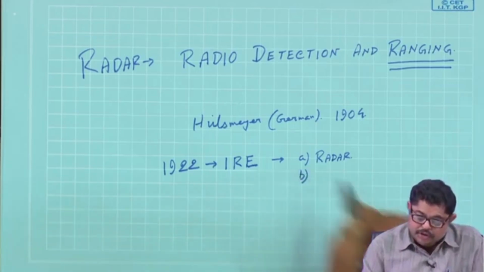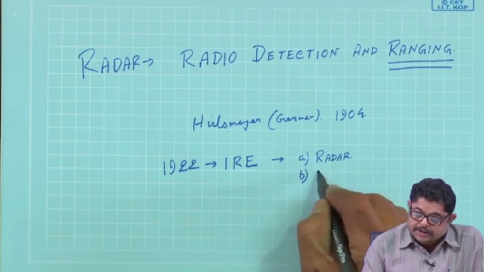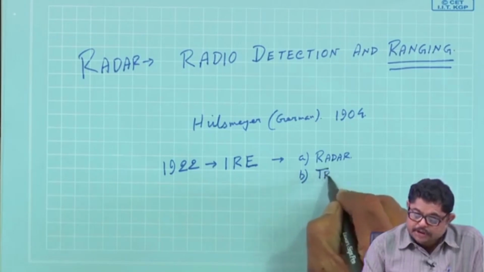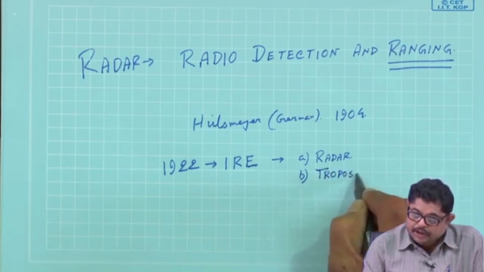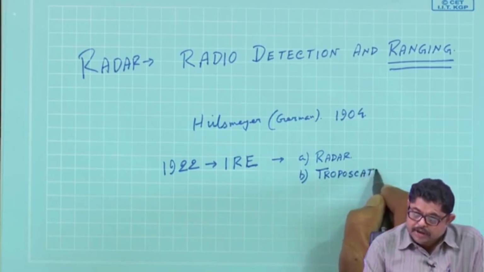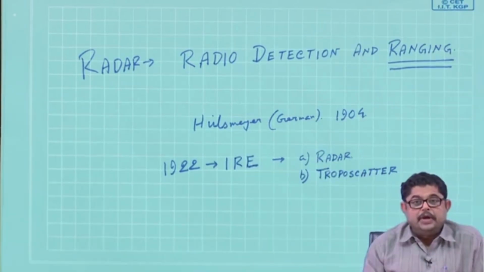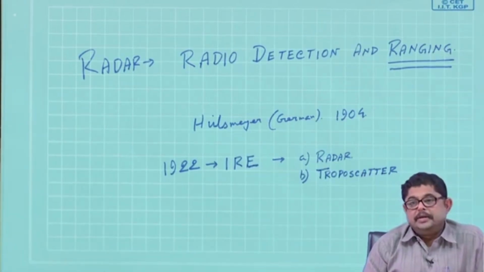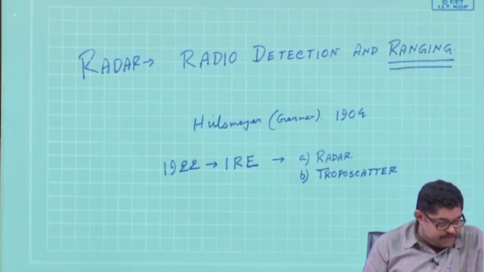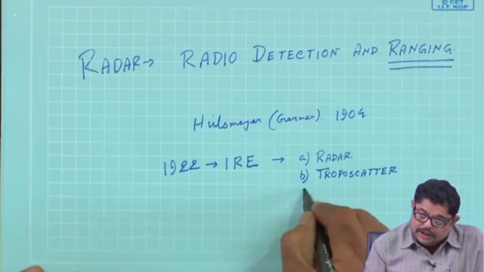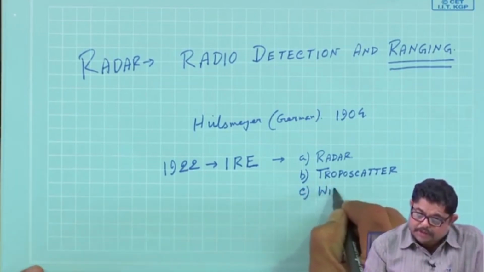Then he also said that there is an importance of troposcatter, that means in the troposphere there is a scattering which helps to extend the line of sight of any radio wave propagation. And also he spoke about wireless power transfer.